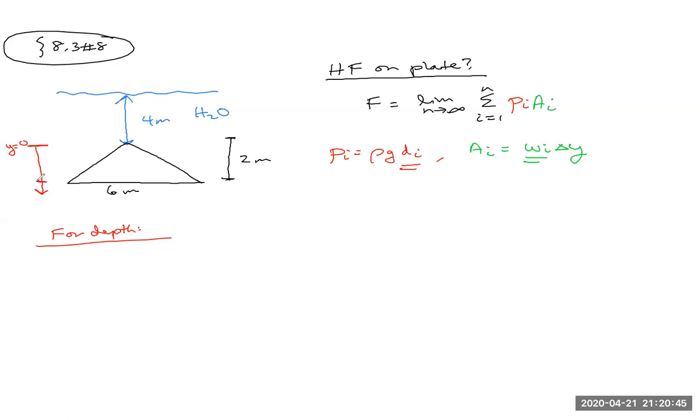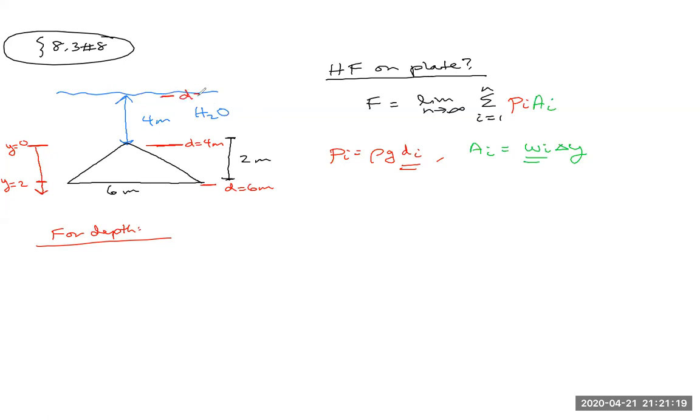So right down here, y would be equal to 2. Let's compare the actual depth of the triangle in the water to our coordinate system. Right here, hopefully you're seeing that the depth would actually be 4 meters, and then here, the depth would be equal to 6 meters.